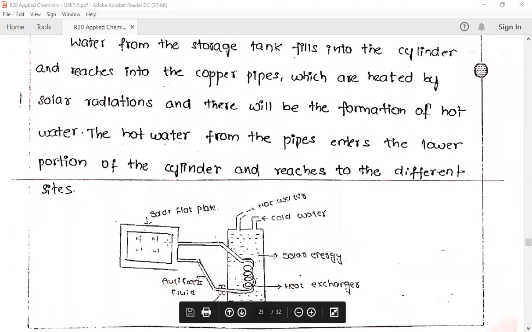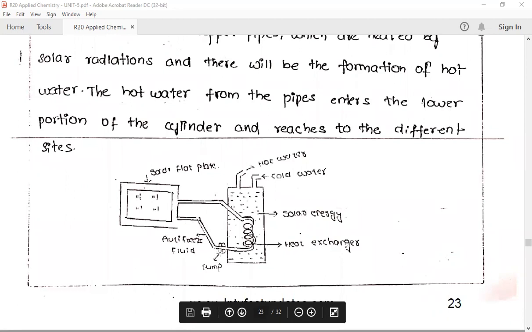It is a solid flat plate which is used as a collector, and it is an antifreeze fluid collector loop, and it is a pump.